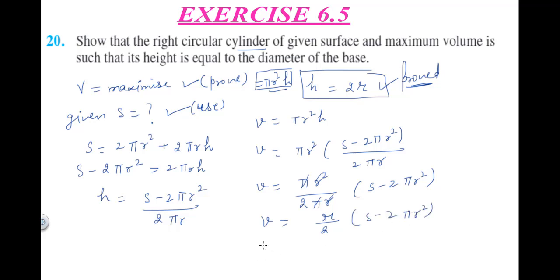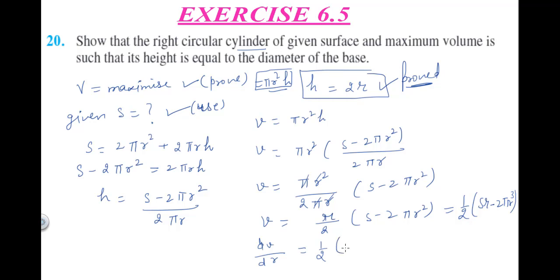We will now differentiate it with respect to r. Or what we can do is just multiply this r inside. Now multiplying this r inside, we will get 1 divided by 2 outside, s r minus 2 pi r cube.